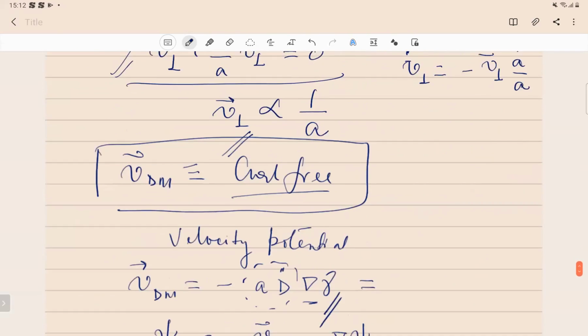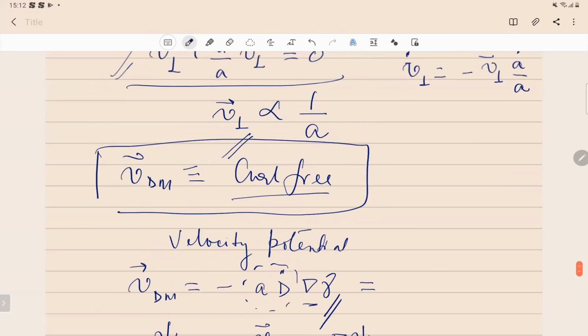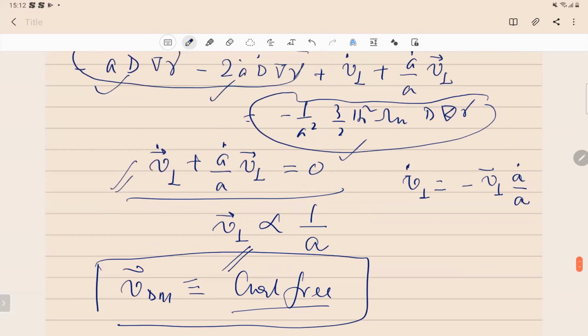How will it grow? It will grow as A times D dot. Sorry, the question is how fast the curl term decays.